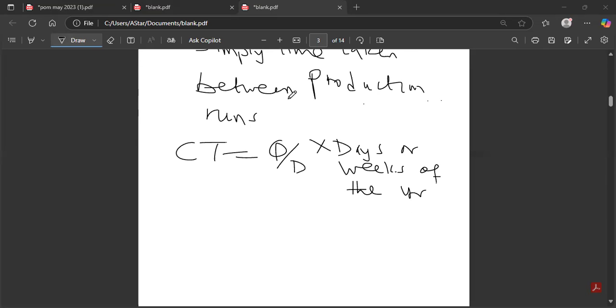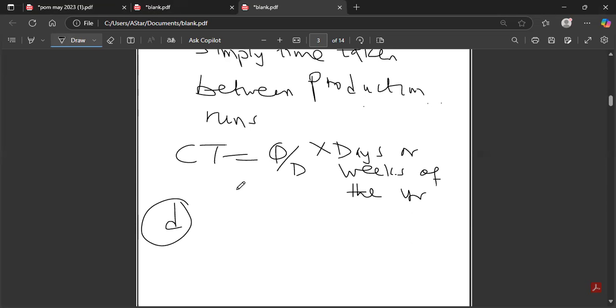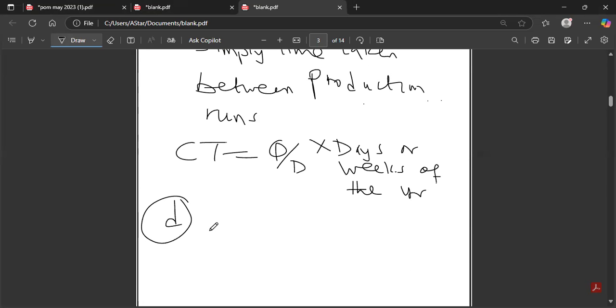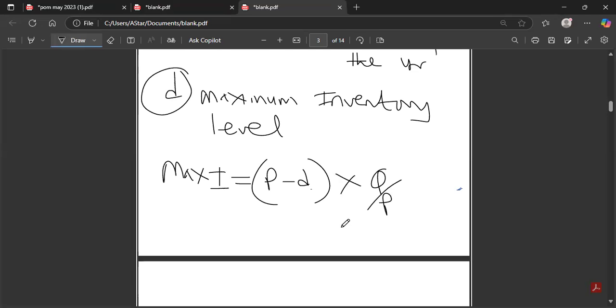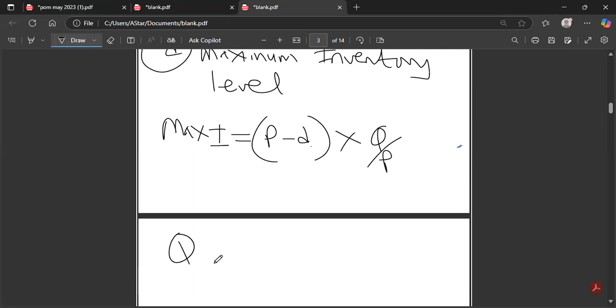Okay, so there is the other one where we look at the maximum inventory level. So maximum inventory is equal to P minus D multiplied by Q over P. Q is equal to economic lot size.